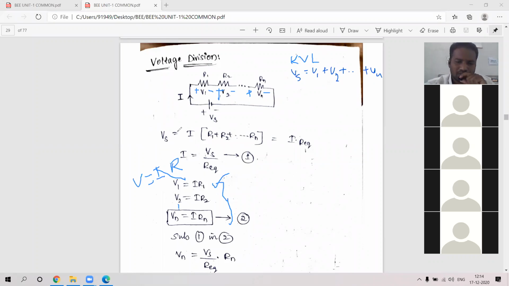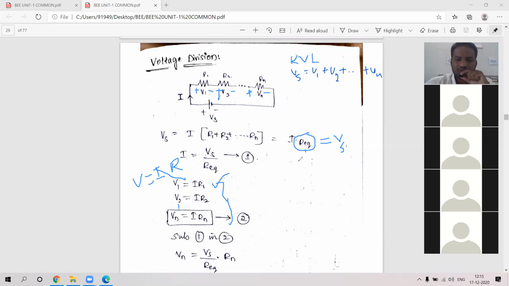Now see the equation number 1. Equation number 1 is how the resistors are connected. All are connected in series. If they are connected in series, I can add all the values as R1 plus R2 plus so on Rn, and simply replace it by R equivalent. You are going to get supply voltage Vs is equal to I into R, where R is R equivalent.